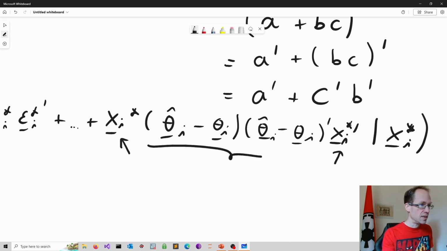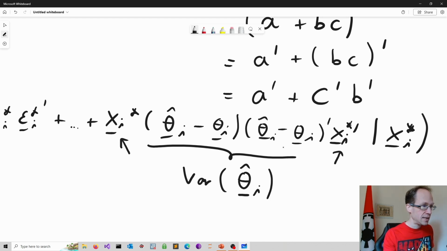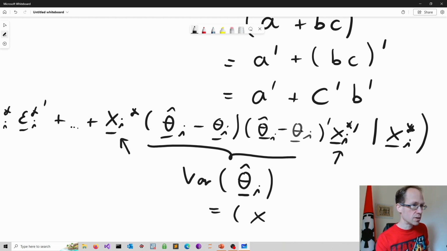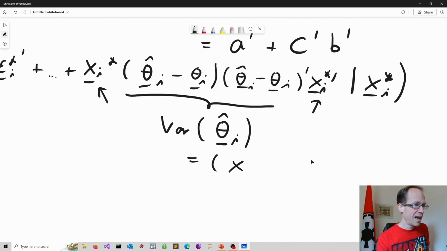So this here is basically the variance, or to be precise, a covariance matrix of the estimate of your parameter vector. And that simply follows from OLS, because we know this term already. And again, if you are unsure about OLS, I can do a few more videos on that.